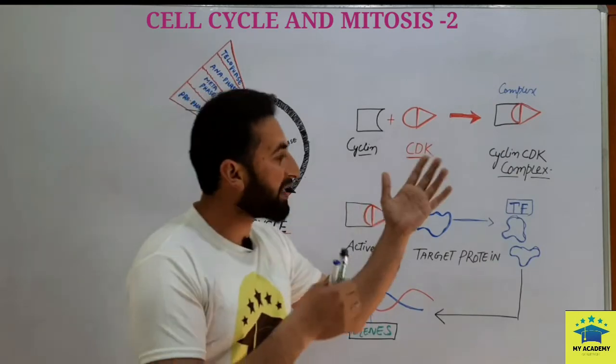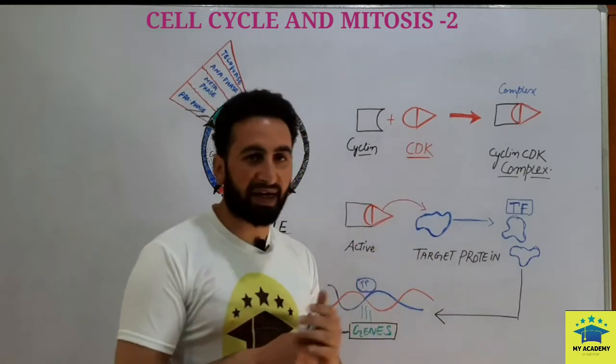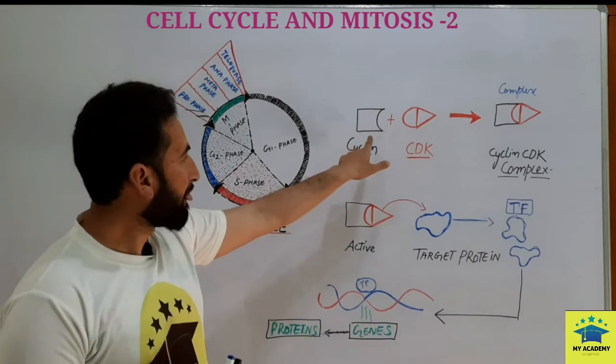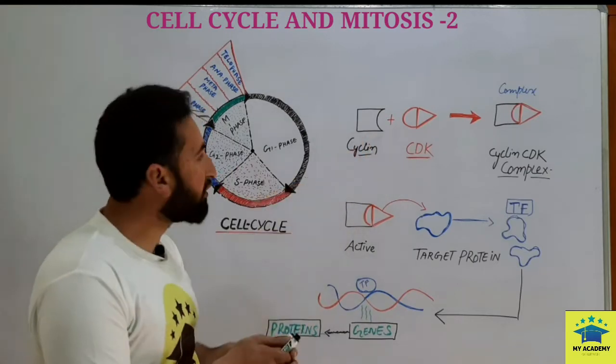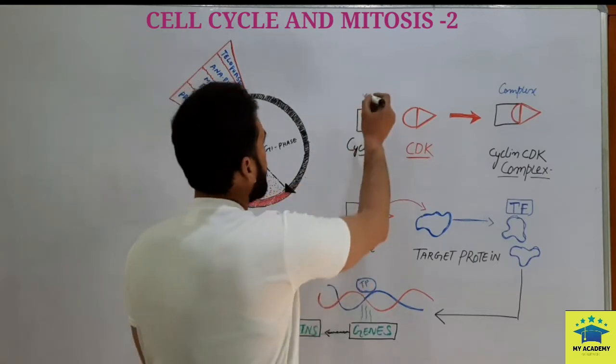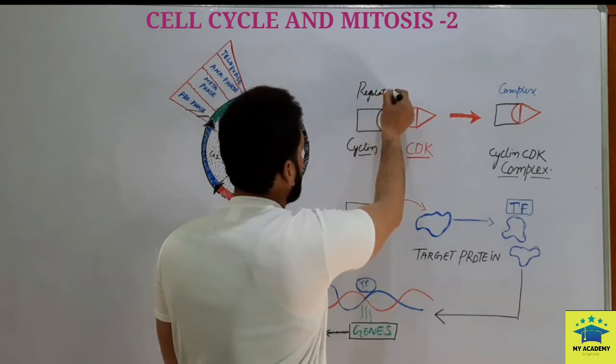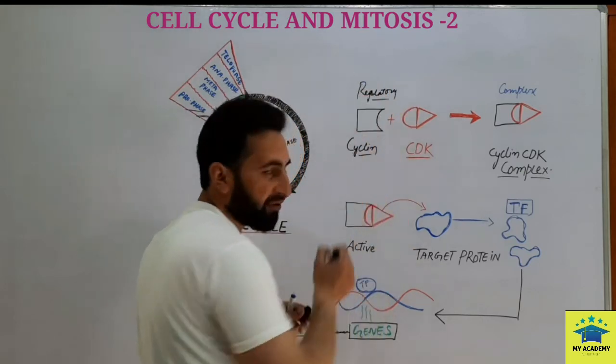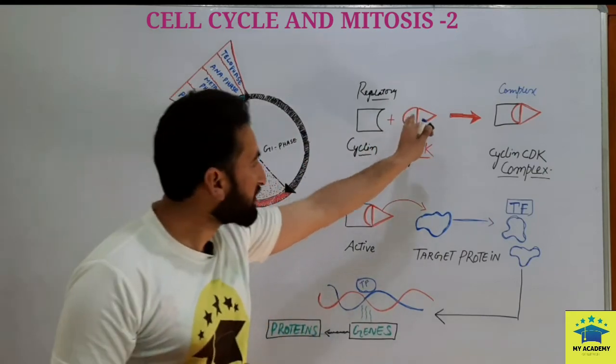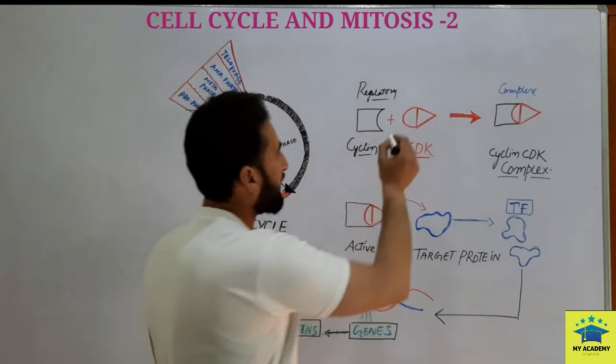When the cyclin associates with cyclin dependent kinase, the cyclin has a regulatory nature. It helps in the regulation of the cell cycle, and the kinase has a catalytic activity.